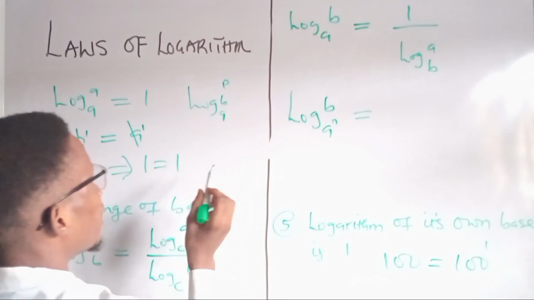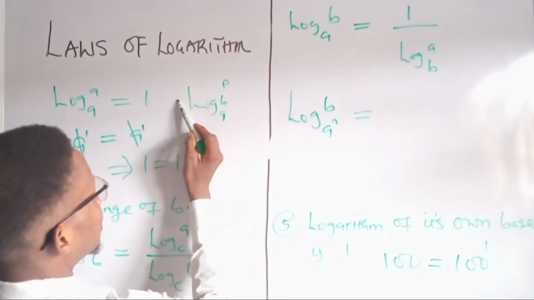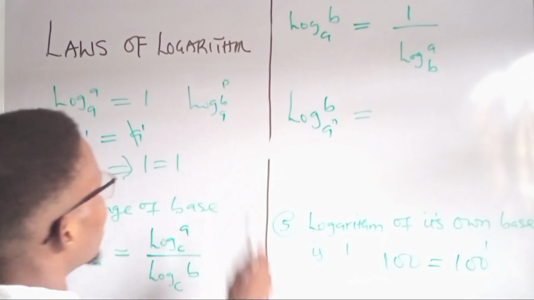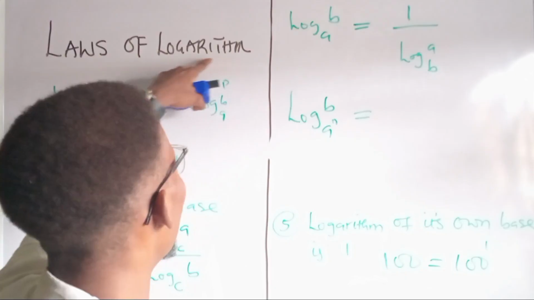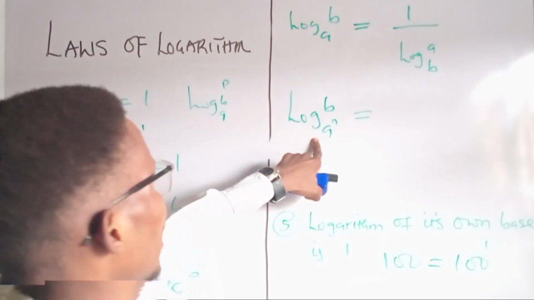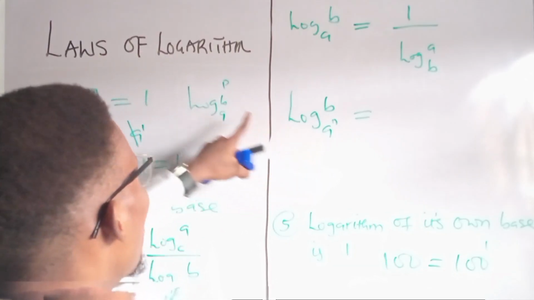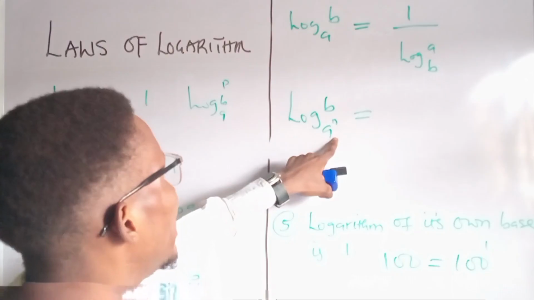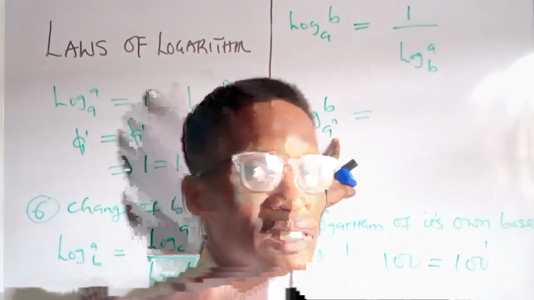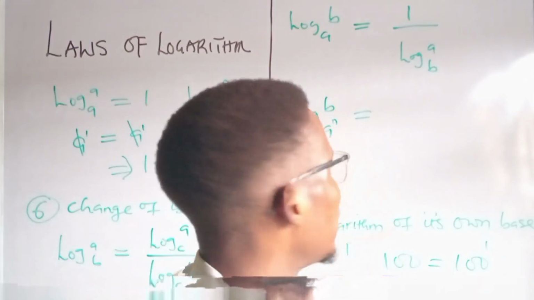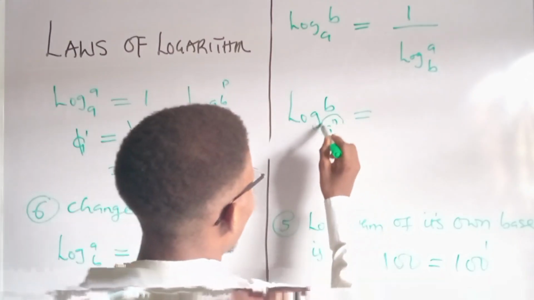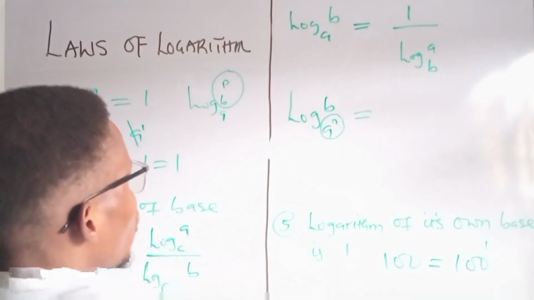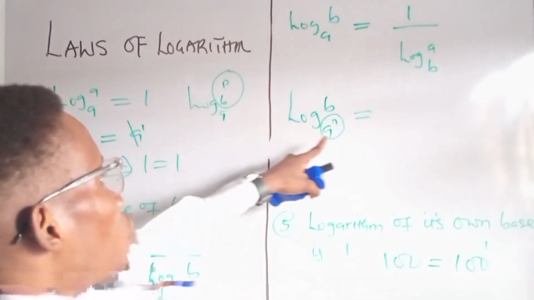All right, in this case, we took it this side, then to multiply the log of b. All right, then we call this the index form. But in this case now, it's not the same, because the log of b was raised to a power, but here it is the base that is raised to a power. You can see it now that this is raised to a power in this case, and this is raised to a power in this case. They are not the same. So you don't need to apply this same method to solve this.